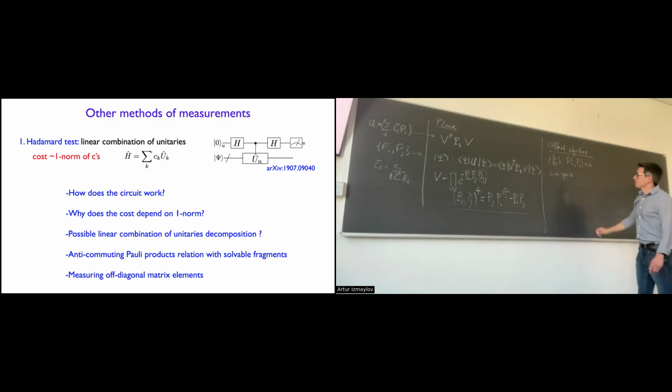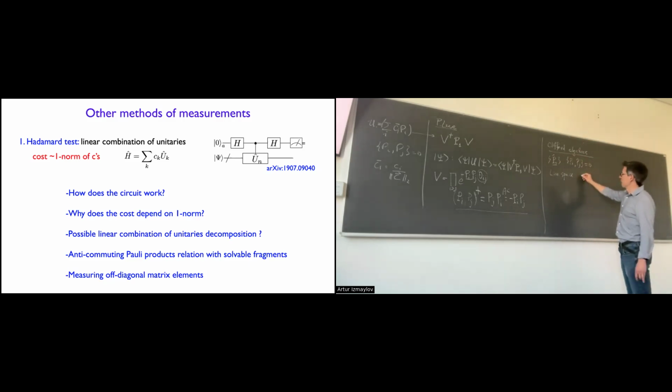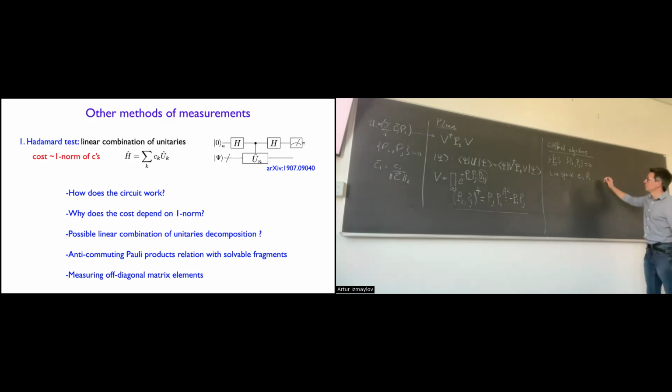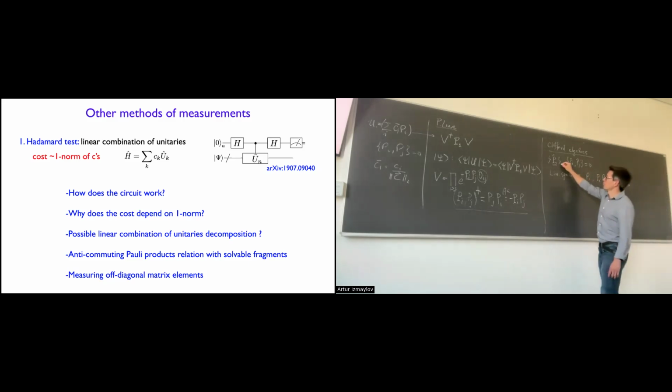Right, and then we also have identity, then Pauli products that anti-commute, and then we can build all products P_i P_j, and so on and so forth, up to P_1 to P_n, where n is the number of terms in the set.